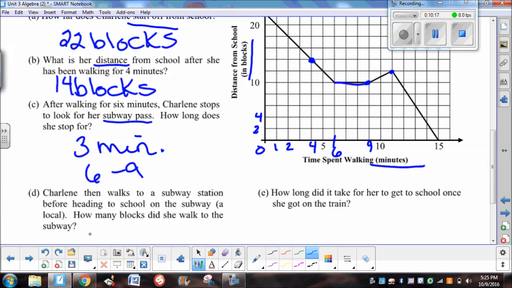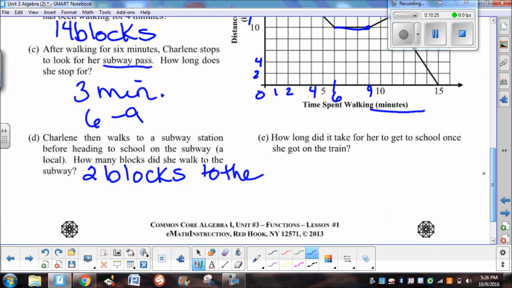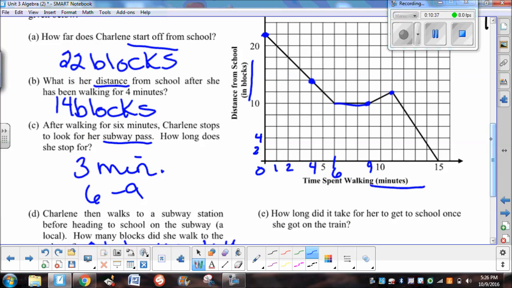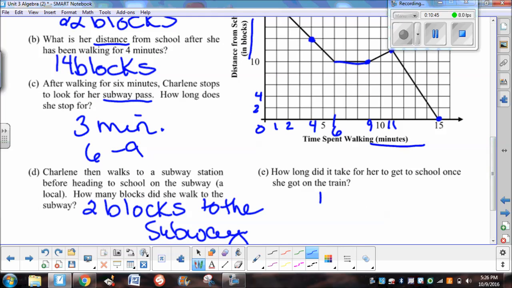So she walked 2 blocks to the subway. Okay. And then it says, how long did it take for her to get to school once she got on the train? So she's on the train here, she gets to school here. That took her from 11 to 15, so it took her 4 minutes.